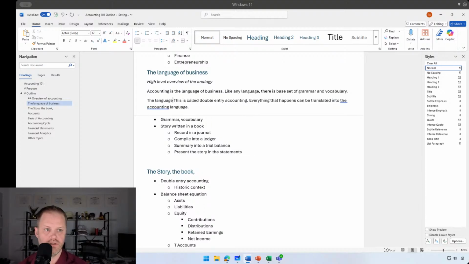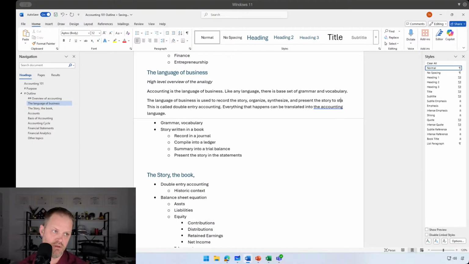The language of business is used to record the story, organize, synthesize, and present the story to stakeholders.